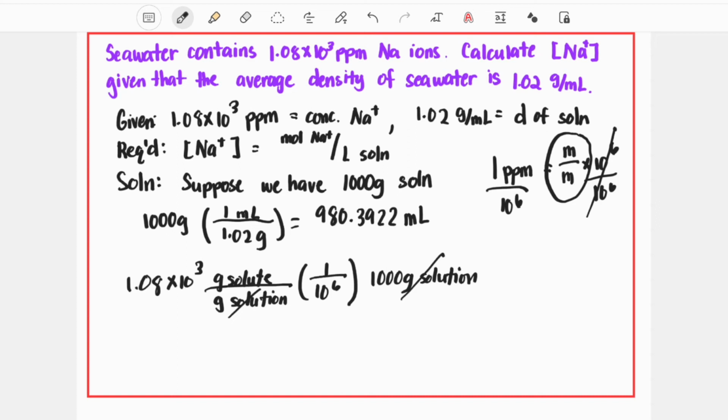I forgot to write it down, but 1 mole of sodium ion is equivalent to 22.99 grams. So we need to divide 22.99 grams to have 1 mole.